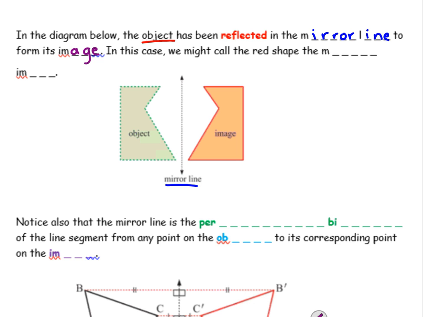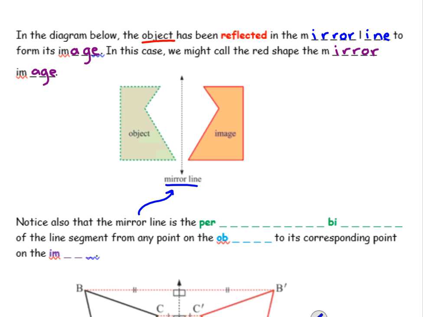In this case, we might call the red shape the mirror image. Because it's a reflection, we can call the red shape the mirror image of the object, which is the green shape.